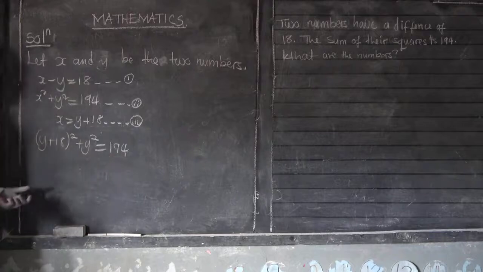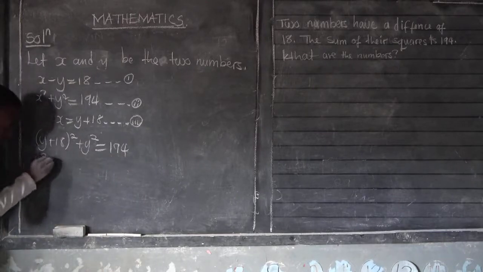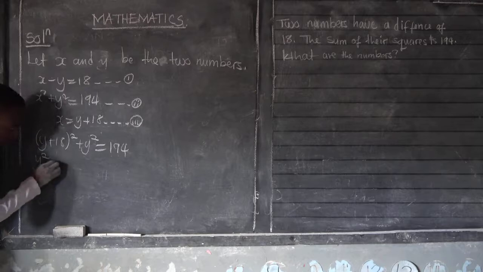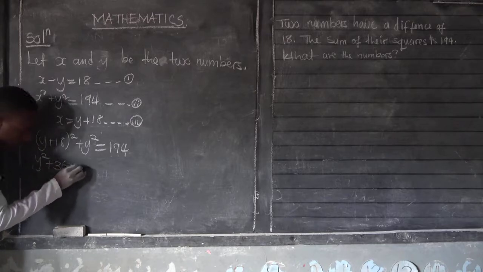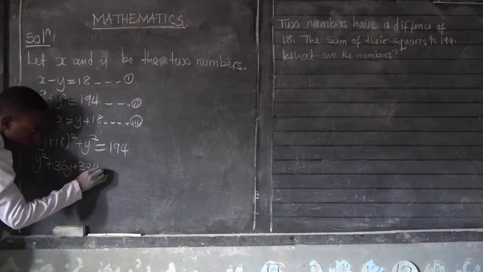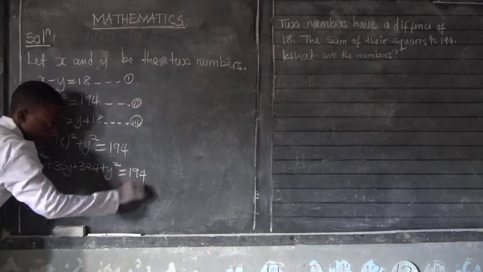From there, you can expand this one, and you have y squared plus 36y plus 324 plus y squared being equal to 194.